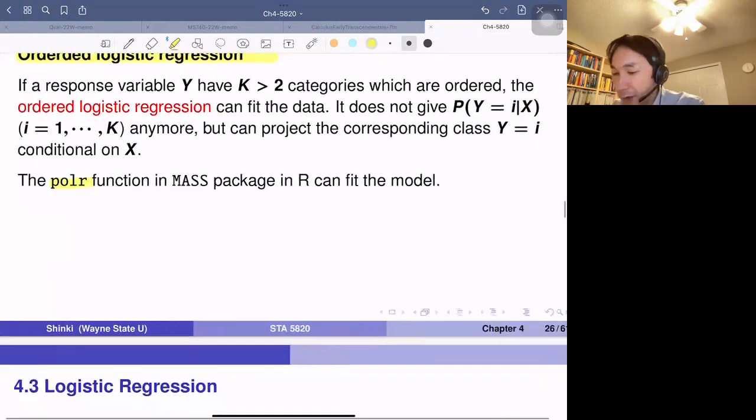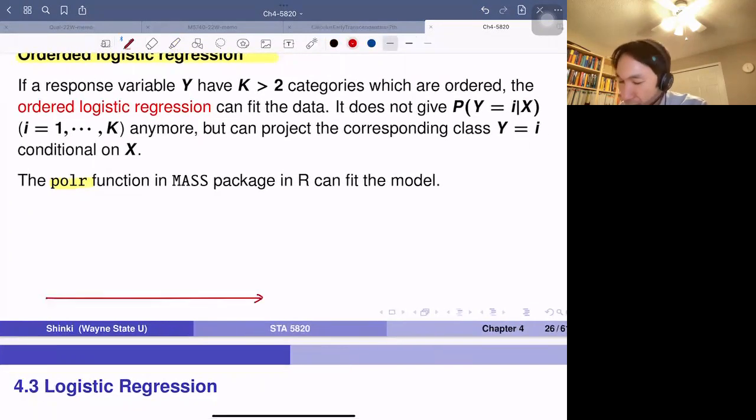I would like to give you an image of the difference between multinomial logistic regression and ordered logistic regression. With multinomial, if we have 3 classes, then basically we compare the three groups pairwise.